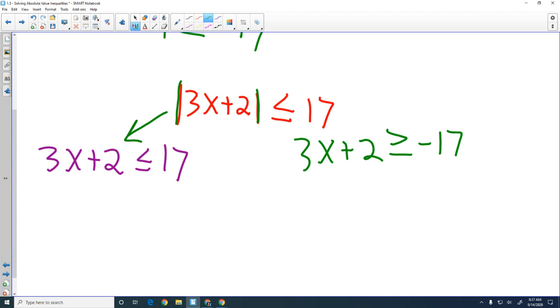We create two of them, right? So I'm making the two separate problems at this point without the absolute value bars. One of them looks the same, but for this second one, make sure you're changing these two things on the right side. I'm flipping the inequality symbol, and I'm flipping the positive and negative sign in front of the number, okay?